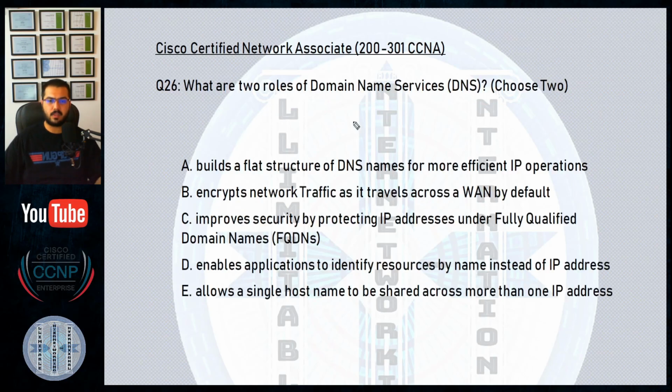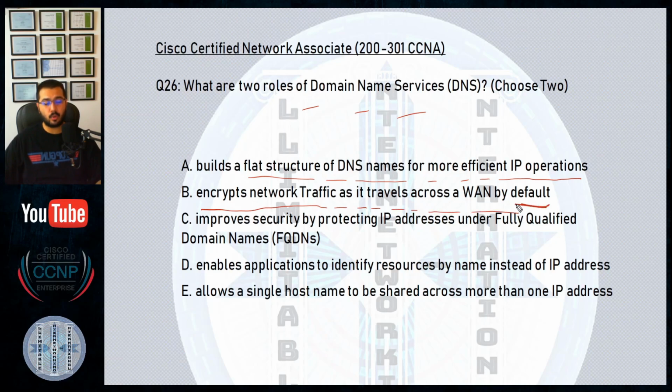Okay, 26 says, what are the two roles of DNS in the network? Builds a flat structure of DNS names for more efficient IP operations. What do you mean by flat structure? No. Encrypts the network traffic as it travels across the WAN.